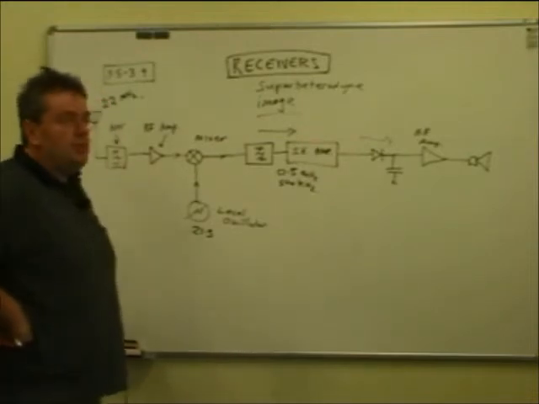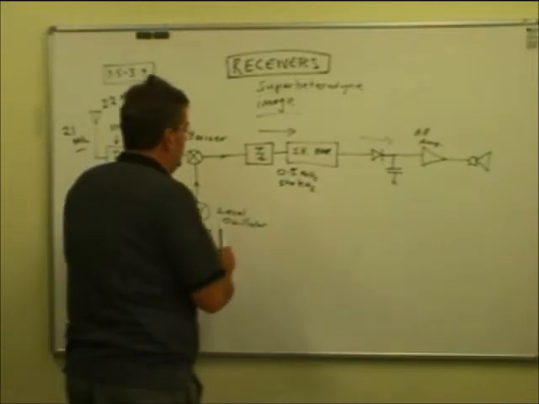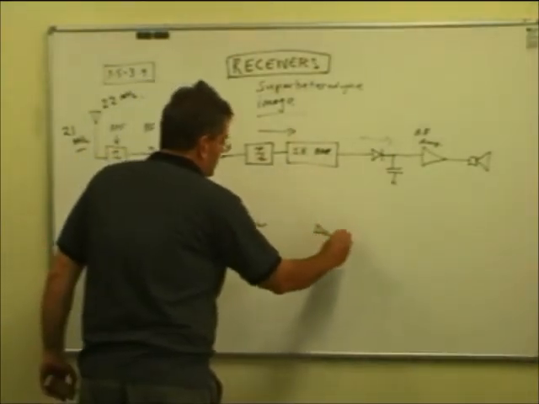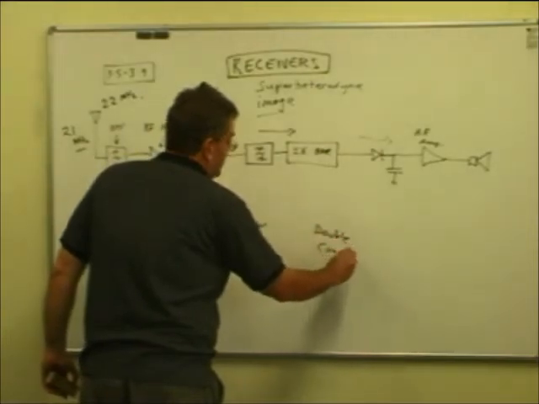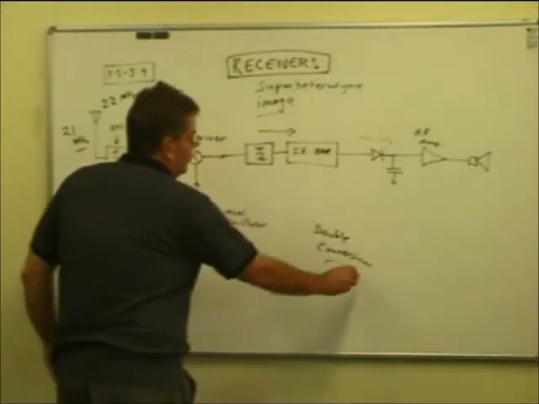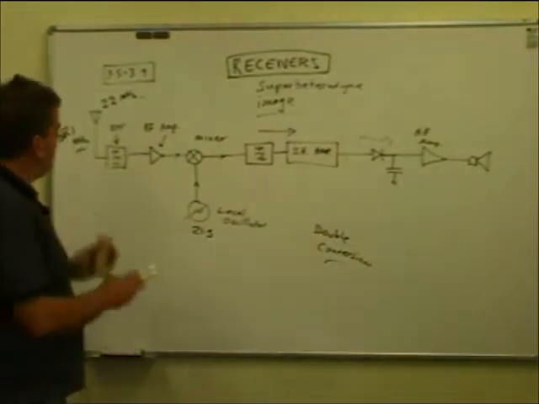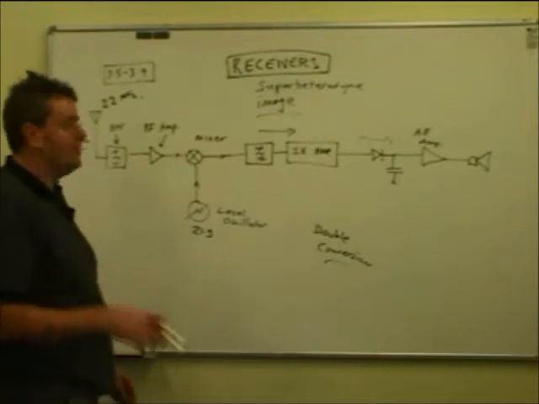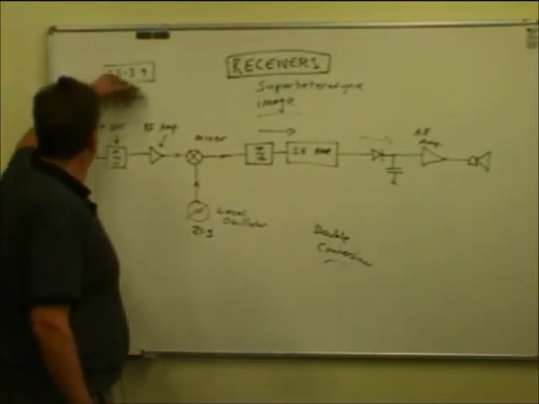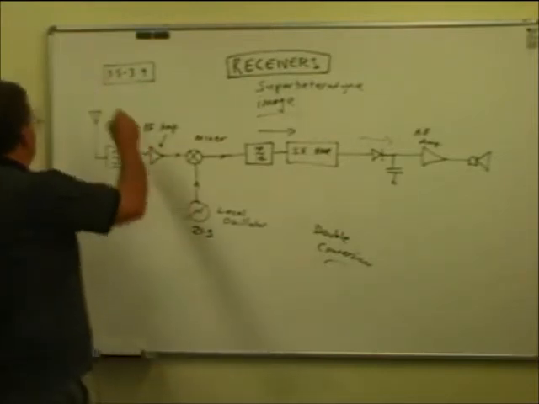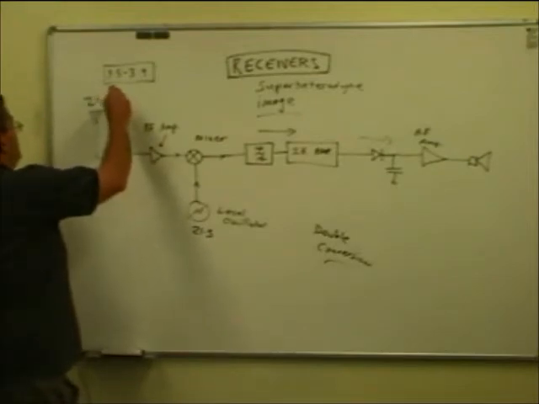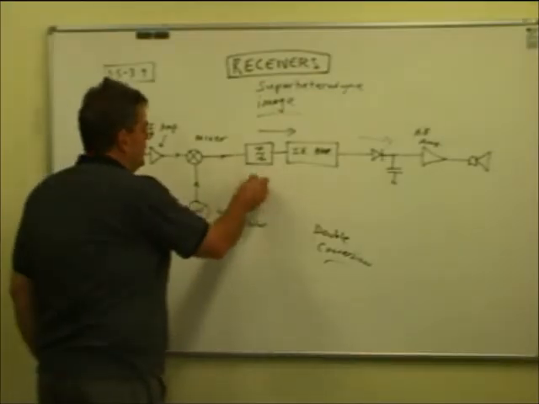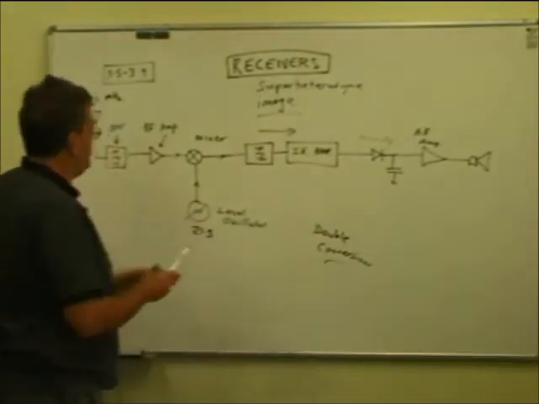So what they used to do was use what was called double conversion. I'll mention this because it's in the NZART question bank. They actually had two intermediate frequencies, just to complicate things. They make the first intermediate frequency quite high. So say we want to receive a 21 megahertz signal, they'd put the first intermediate frequency at, say, 9 megahertz.